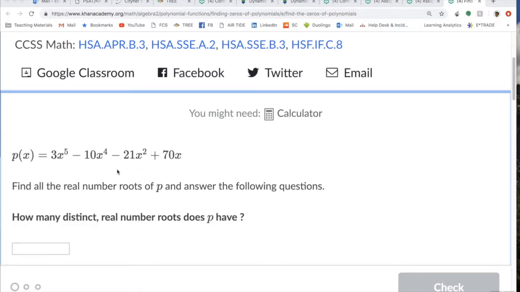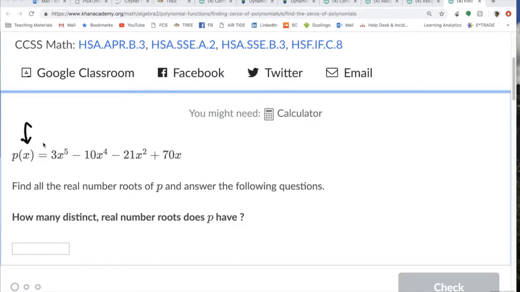Okay, so I'll explain the finding zeros of polynomials topic that's assigned to you guys on Khan Academy right now. When you're looking at a polynomial and trying to find the zeros, basically what we're doing is we're trying to look at all possible values for x that would cause this overall function right here, p, to equal 0.